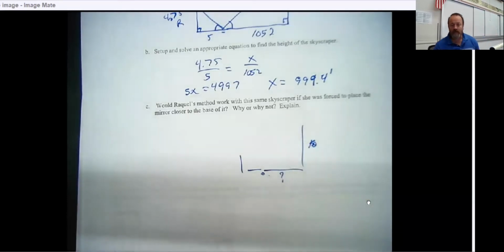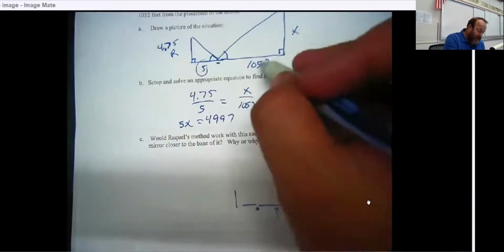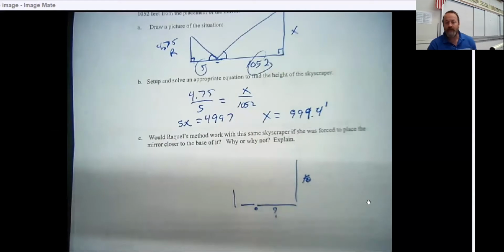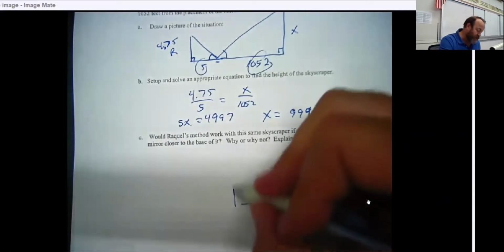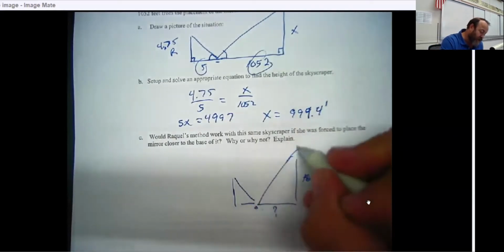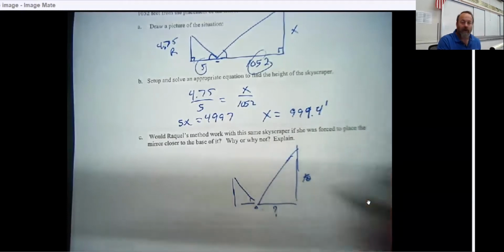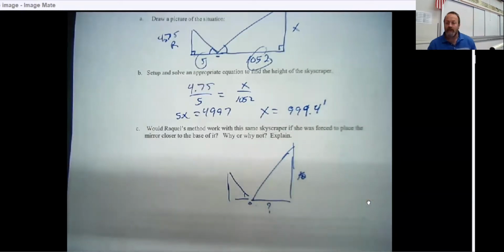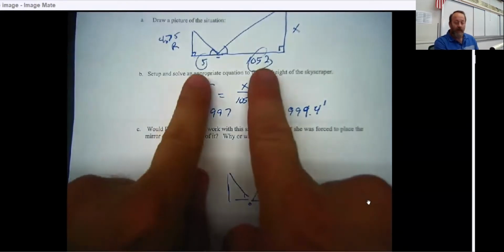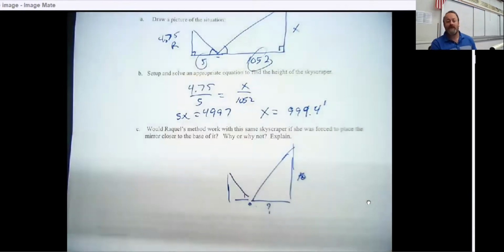So 100% this would work. You could shrink this number down and this number down and get exactly the same thing. You would just have much steeper angles coming into the mirror and leaving the mirror. So I would say that the method would work for any distance that she wants to do, as long as she positions the mirror proportionally closer to the building.